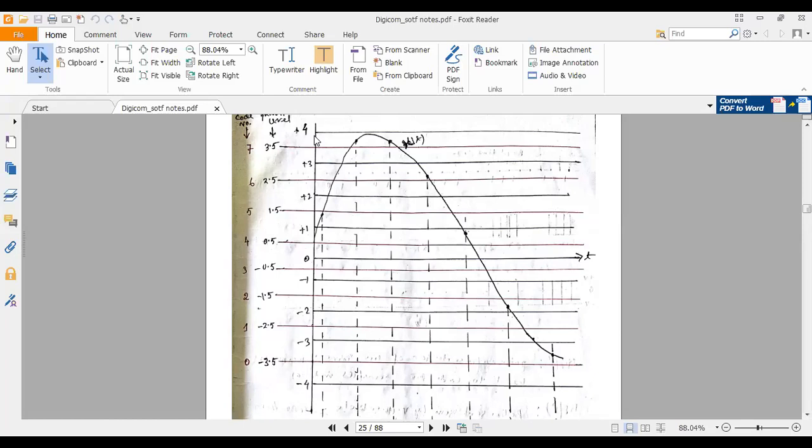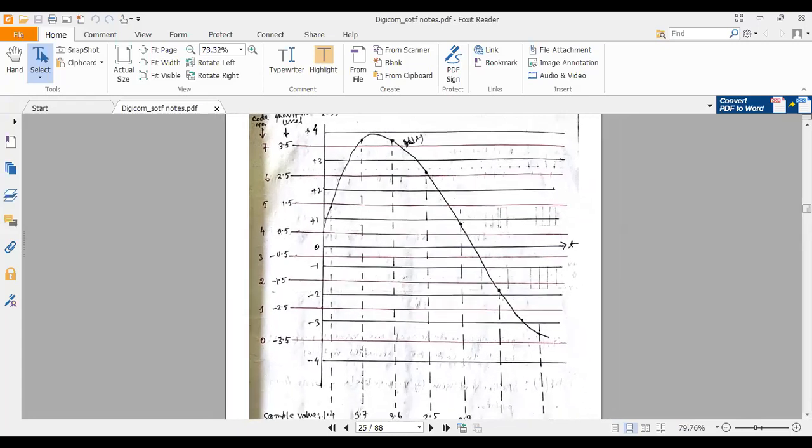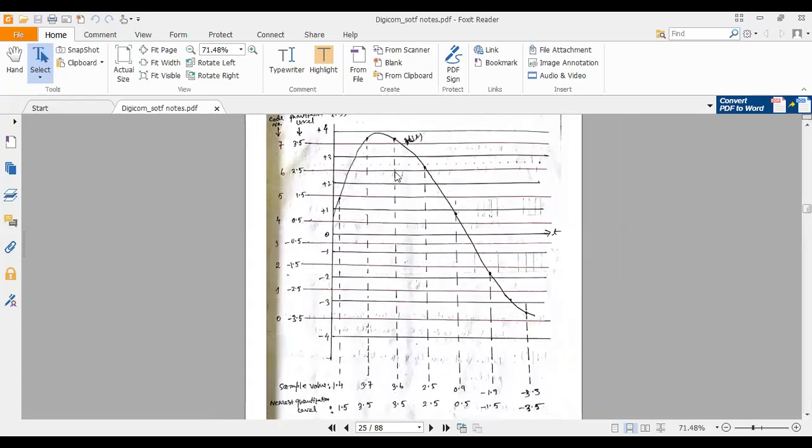So primarily what do you get, all the sample values. First you find out the sample values, these are the sample values. Then we have placed all the quantization levels that you require. Here we have used 8 quantization levels and we got the step size.